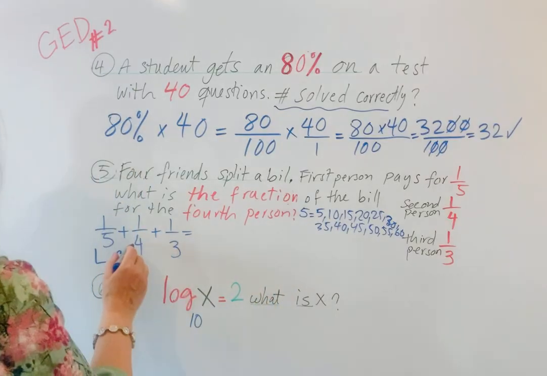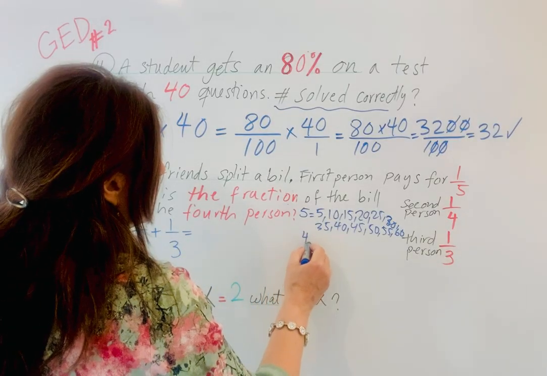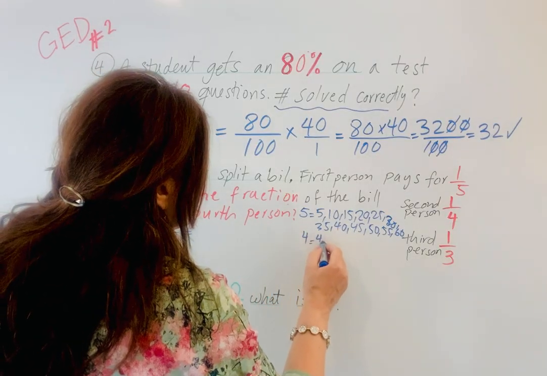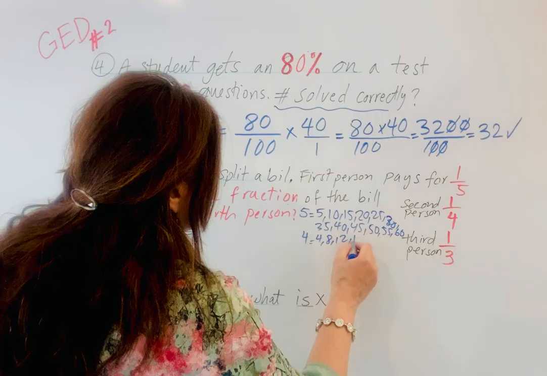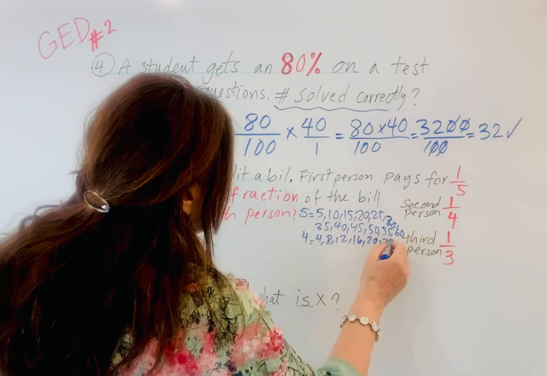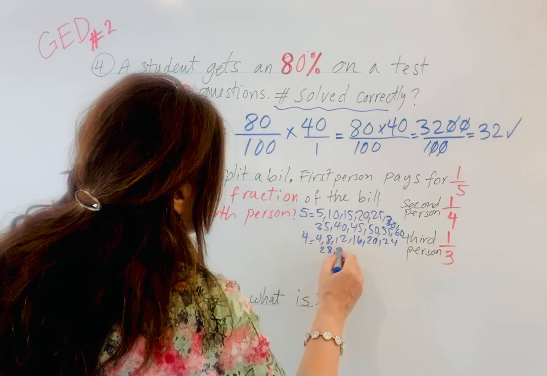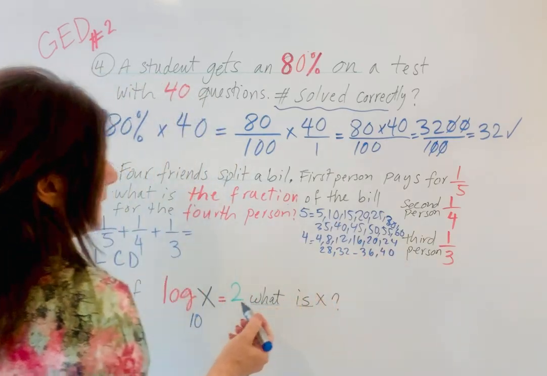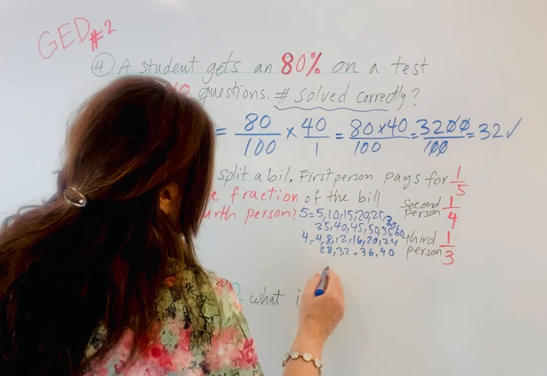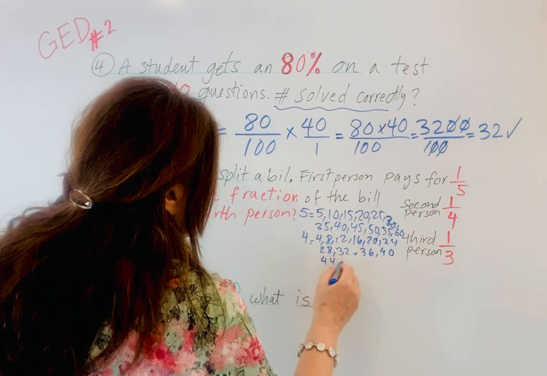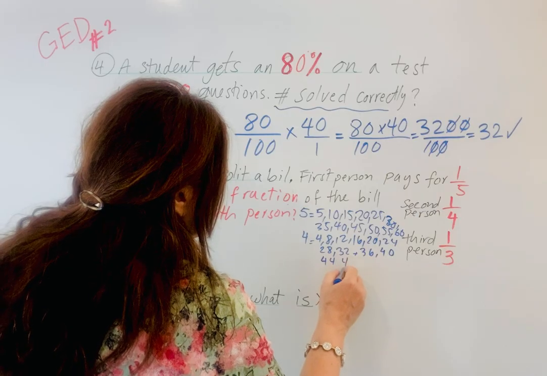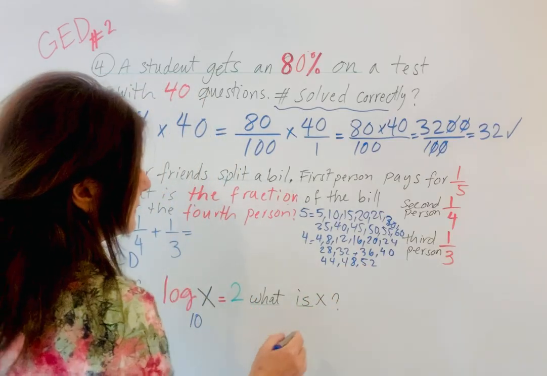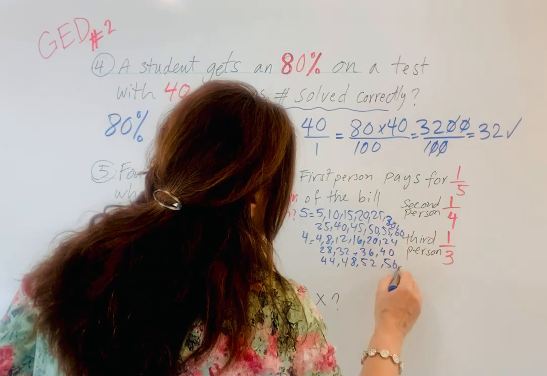Okay. How about the next one? Multiples of 4: 4, 8, 12, 16, 20, 24, 28, 32, 36, 40, 44, 48, 52, 56, 60.